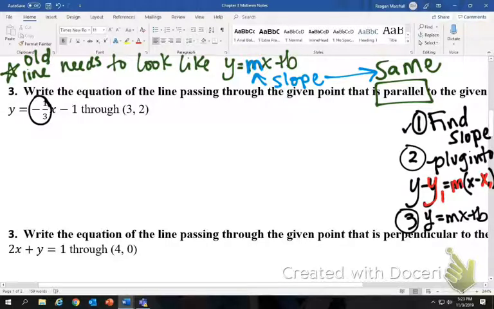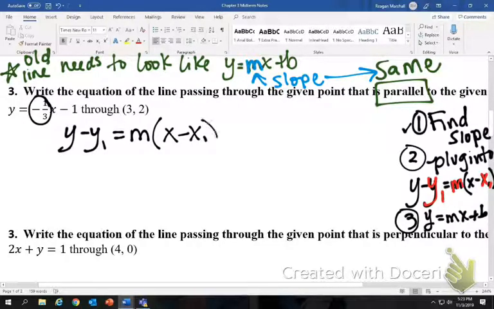So, first step, find the slope. We know it's parallel to the old one, which is the same. So we have negative 1/3 as my new slope. Next step is to plug in to the y minus y1 equals m times x minus x1. So if you look again, I left blank what you plug in.